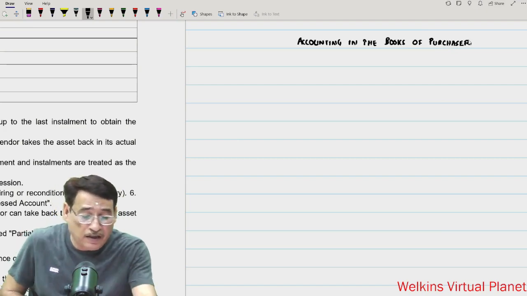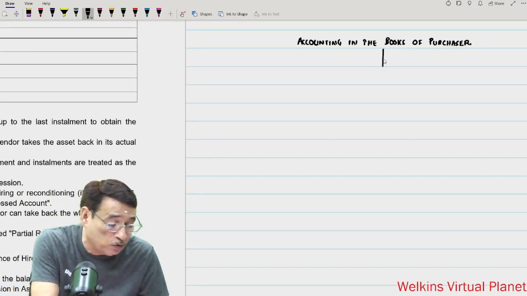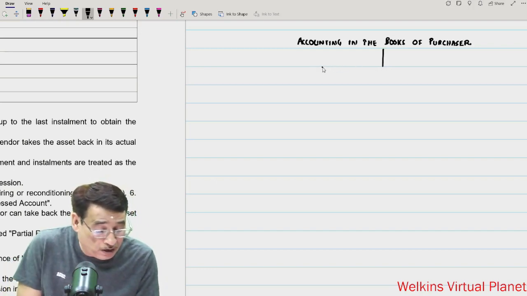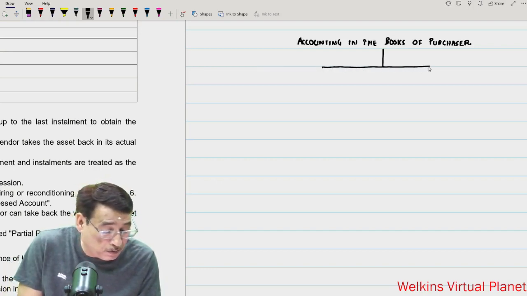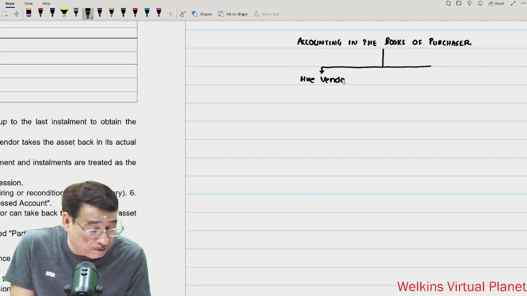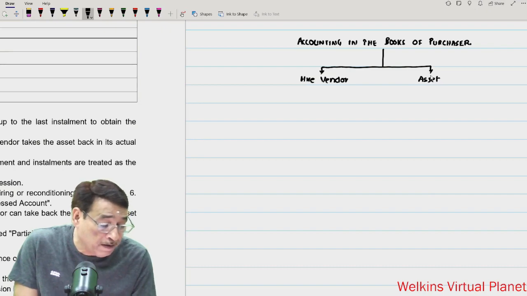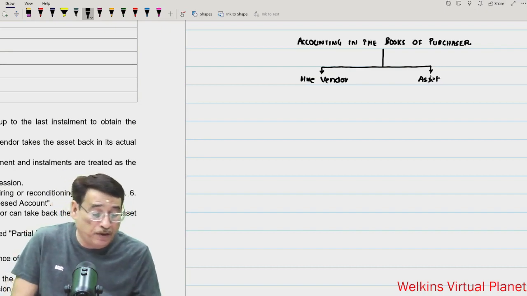We saw in the last session that as far as the purchaser is concerned, he prepares two main accounts, correct? One is the hire vendor account, from whom he has purchased the asset, and he will also prepare the asset account, the asset which he has purchased. These are the two accounts which are prepared by the hire purchaser.